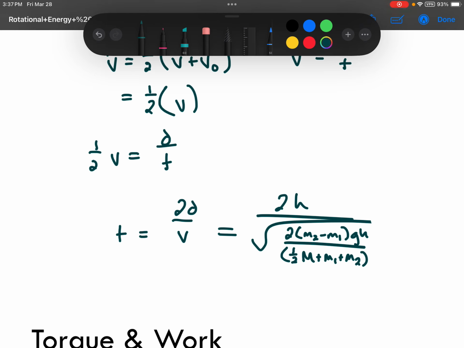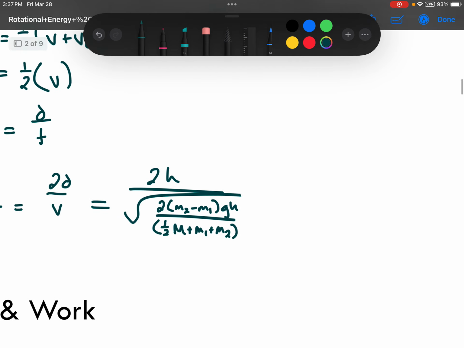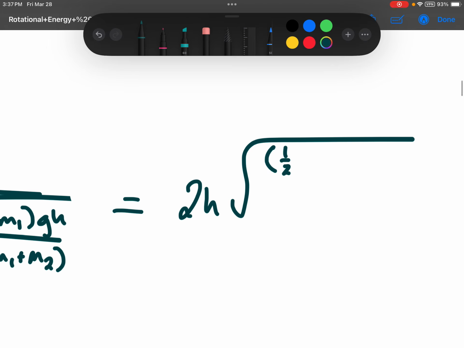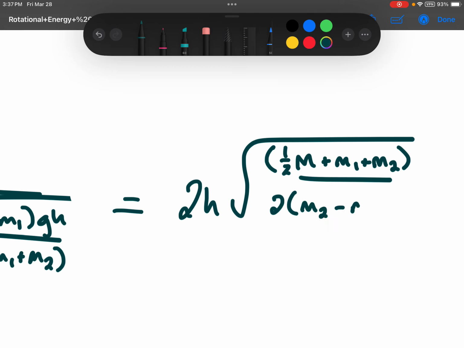There is a little bit we can do to clean this up. First of all, we're basically dividing by a fraction, so we can think of changing this to be multiplying by the reciprocal. So I'm going to write this as 2h times the square root, and everything inside the square root I'm going to flip over. So (1/2 big M plus m1 plus m2) over (2 (m2 minus m1) gh).